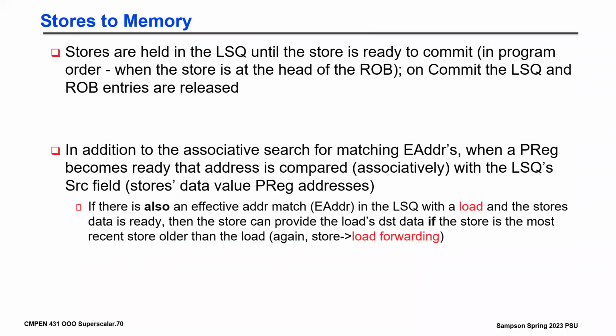Now, one of the things that will happen if you support aggressive load bypassing, where loads speculate past stores that have unknown addresses, is that it becomes the responsibility of the store to invalidate loads that have already issued. So it'll increase the complexity of your load store queue. There'll be additional associative searches. If you have a conservative scheduling policy, then it's all the responsibility of the loads.